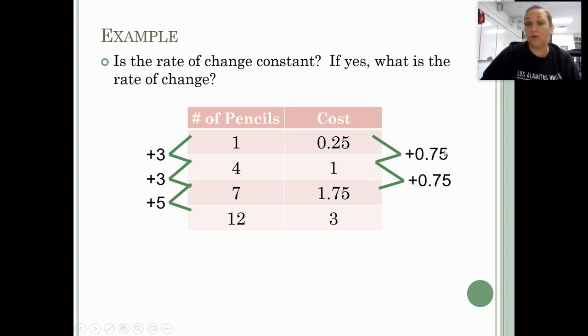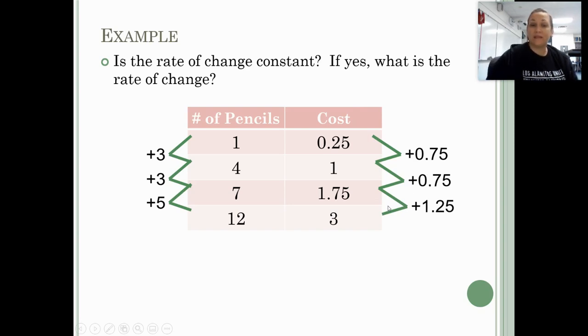That's a good sign so far, because now I have 0.75 and 3 and 0.75 and 3. Now for the last one, I shouldn't get 0.75 again because my last number was not 3, it was 5. In fact, since 5 is bigger than 3, I'm expecting to get a number bigger than 0.75 over here. And I get 1.25.